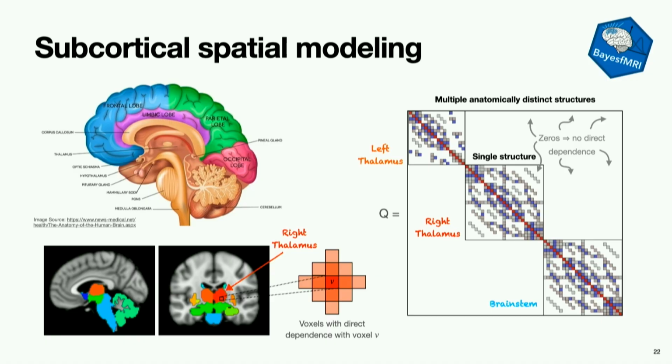And what that's going to do is a kind of partial constrained smoothing. So the prior will smooth within each structure, but not across structures.